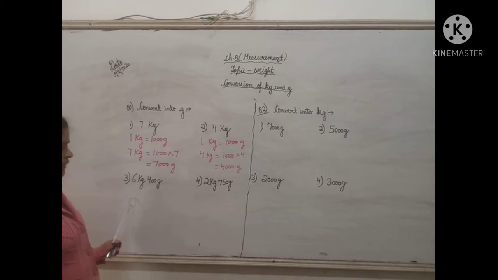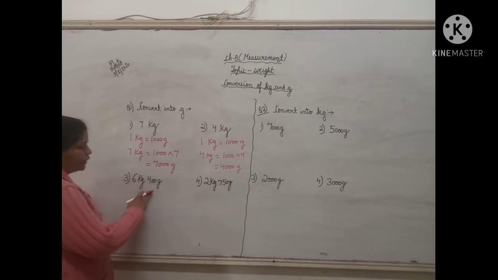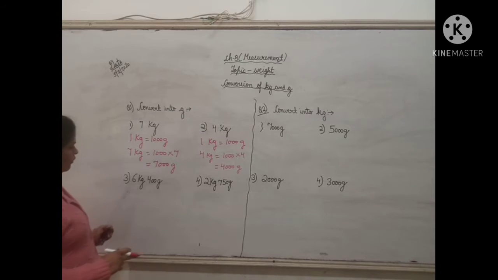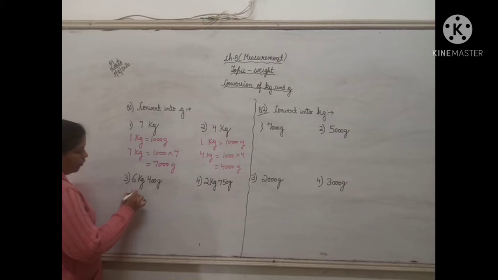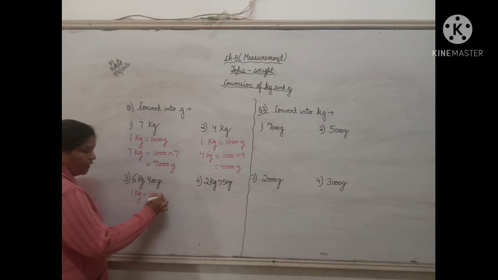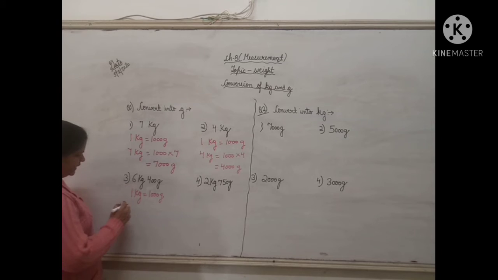Now we come to the third sum, 6 kg and 400 gram. See children, here two things have been given to us, kg and also gram. So first we will convert kg into gram. So we will write the formula again that 1 kg is equal to 1000 gram. How much kg? 6 kg.